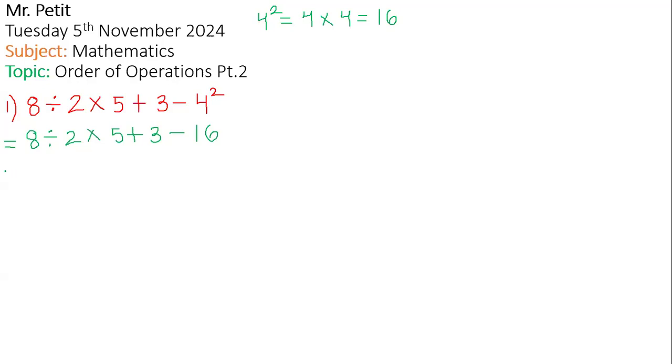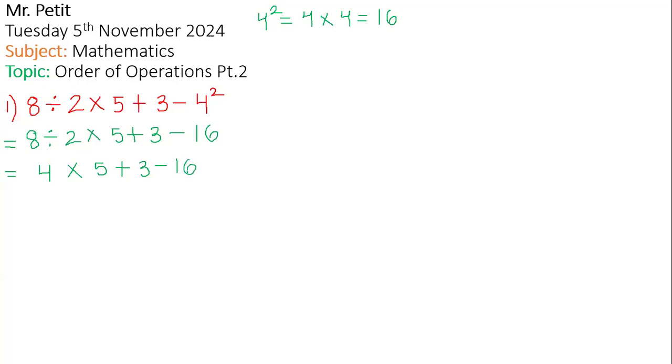So it's going to be equal to 8 divided by 2, which is what? 4. Very good. 8 divided by 2 is 4. And so we say 4 times what? 5. Plus 3 minus 16. Very good.